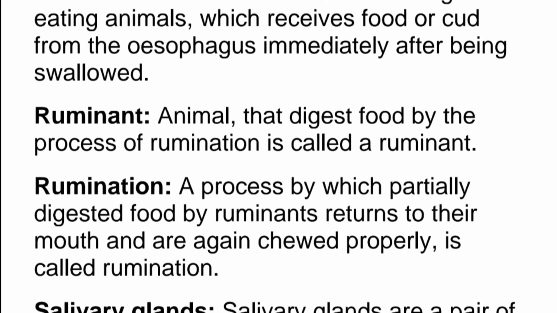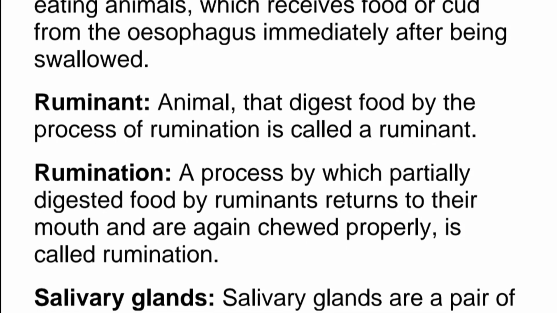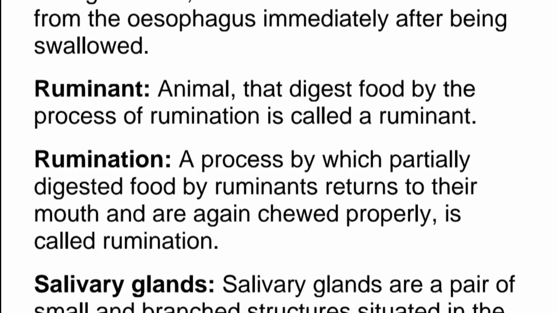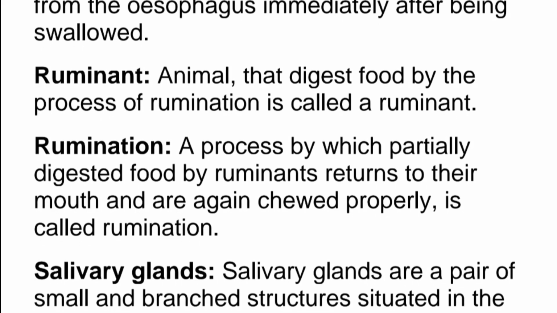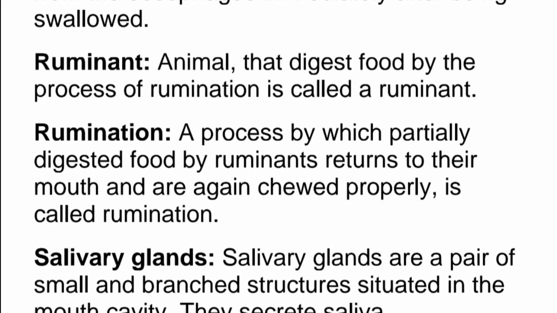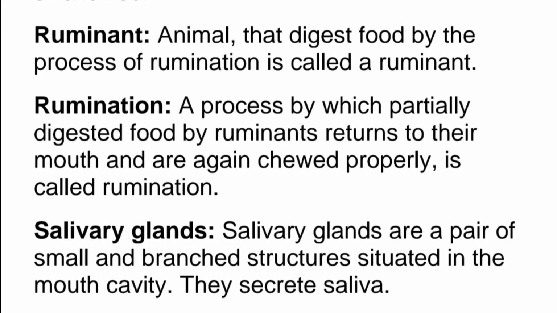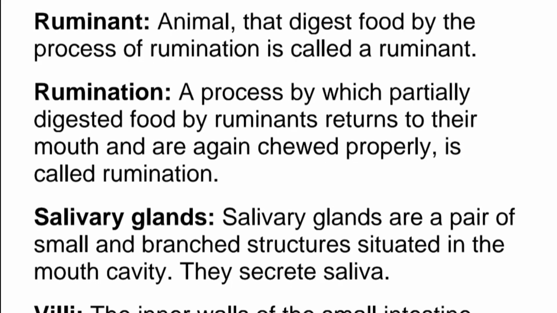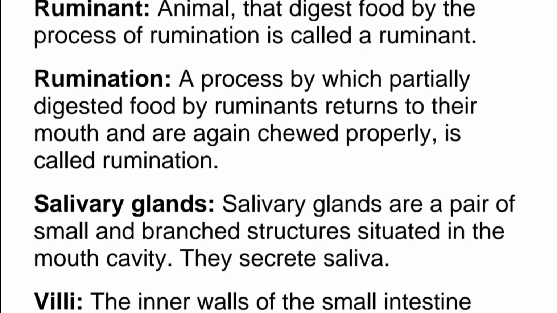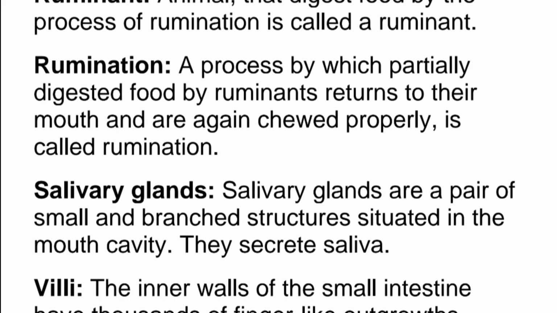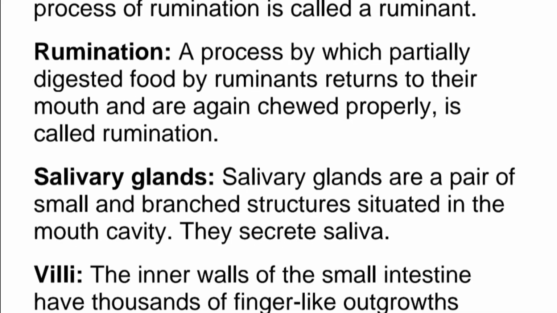Rumination. A process by which partially digested food is returned by ruminants to their mouth and is again chewed properly is called rumination. Salivary glands. Salivary glands are a pair of small or branched structures situated in the mouth cavity.